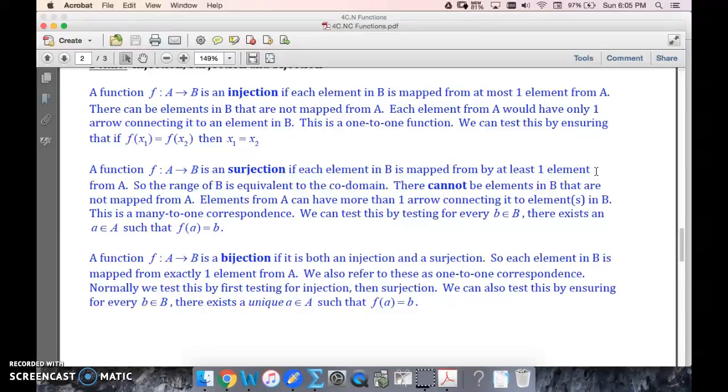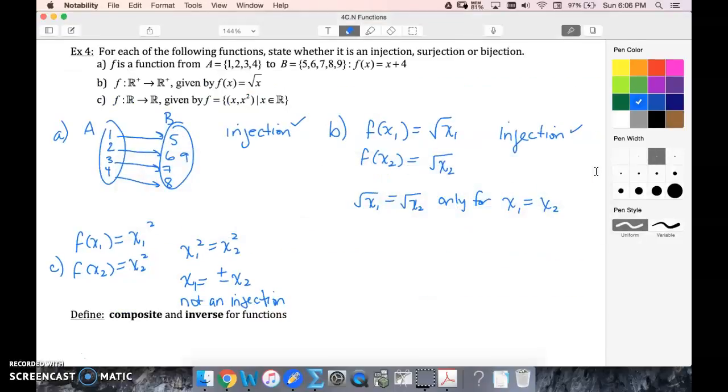Elements from A can have more than one arrow connecting it to elements in B. No problem, that's okay. But every element in B has to be mapped by something in A. So let's look over here. We've got 9. So 9 is not mapped, so this is not a surjection.